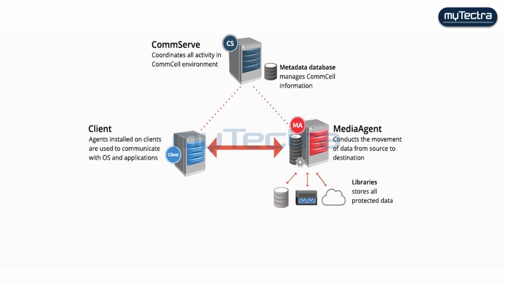We will be installing certain plugins, Commvault plugins or Commvault agents. To make that particular server act as a media agent, we will be installing certain plugins, and we will be telling that particular server to communicate with this Commserve server. Then only can we see this particular media agent server under this Commserve server.